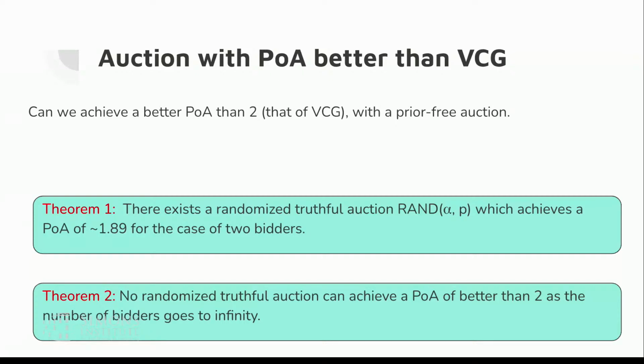Better by a little bit, 1.89, but it's interesting that it can beat that bound of 2. And then we also prove that no truthful auction can achieve better than 2 if the number of bidders grows to infinity. If the competition is very intense, then you cannot beat 2. But with low competition, you can actually beat 2 and do better than second price.